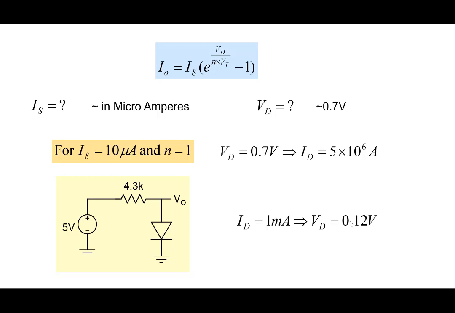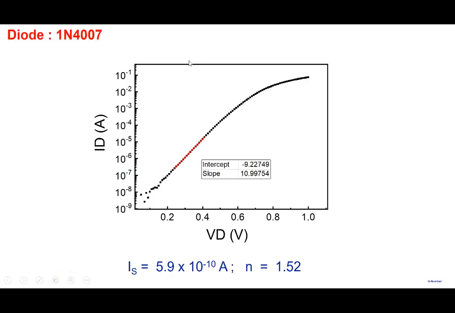So coming to the question, what is a typical value is hard to answer. But if you do the experiment in the lab, measuring the diode's characteristics, part of that is to measure I_s and n. By the way, this I_s, even for the same diode with the number 1N4007, will vary.